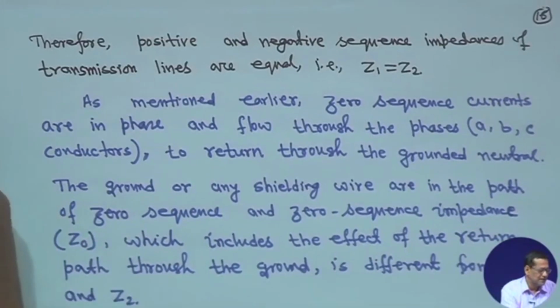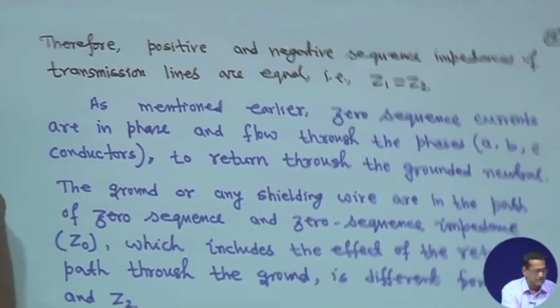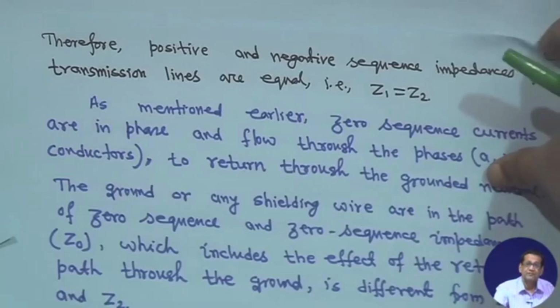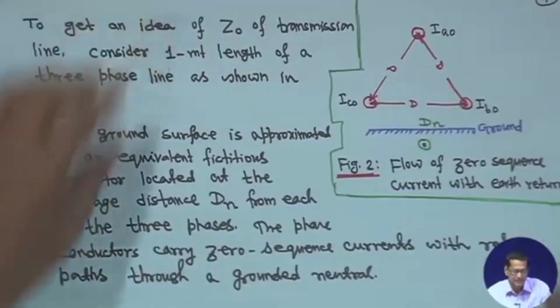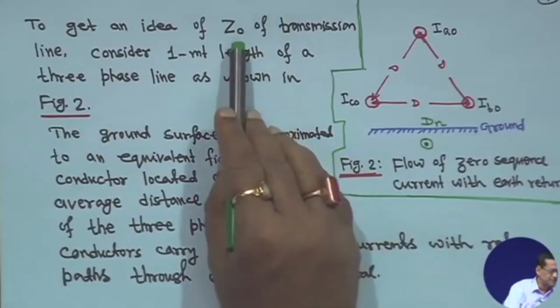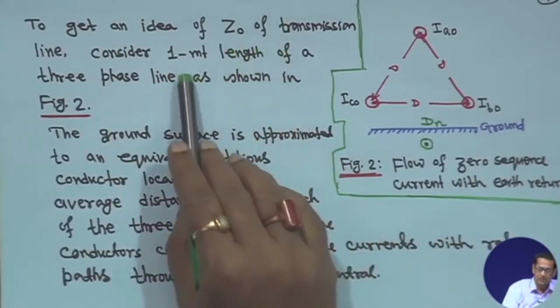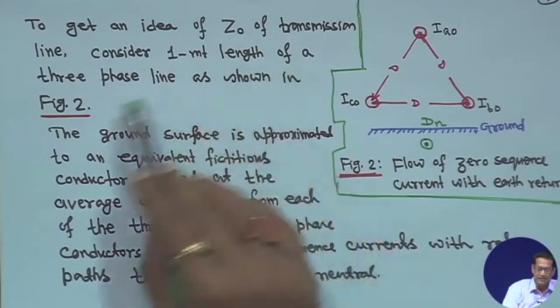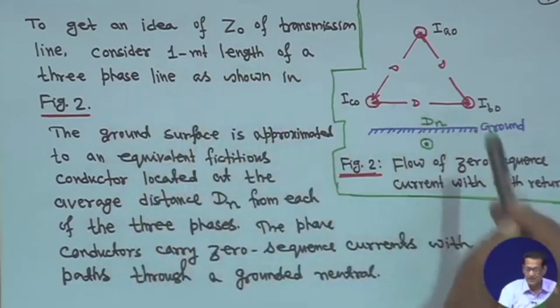To get an idea of Z0, the zero sequence impedance of the transmission line, you will consider only 1 meter length of a 3 phase line as shown in figure 2.